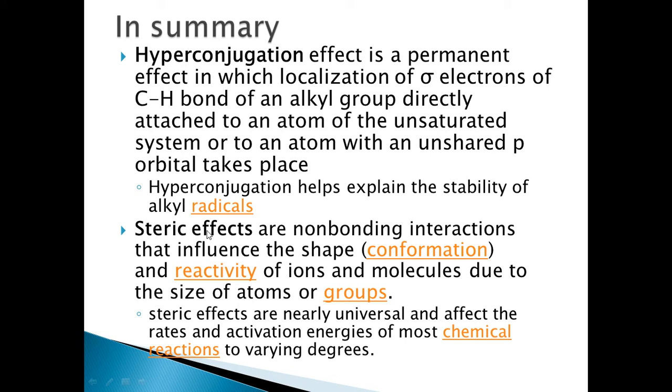Then steric effects are non-bonding interactions that influence the shape and reactivity of ions and molecules due to the size of atoms or groups. Steric effects are universal and affect the rate and activation energy of most chemical reactions to varying degrees.